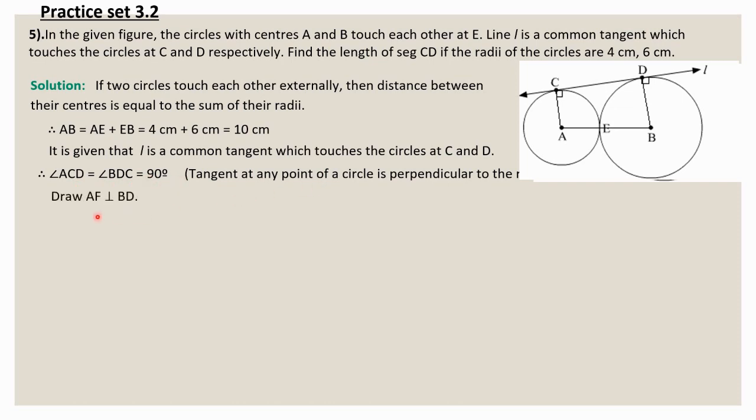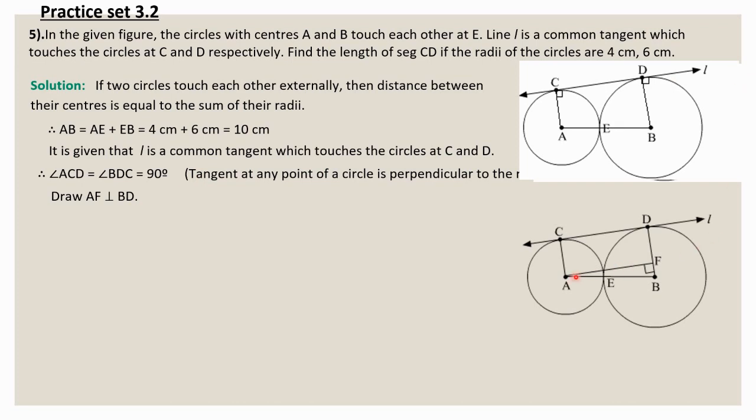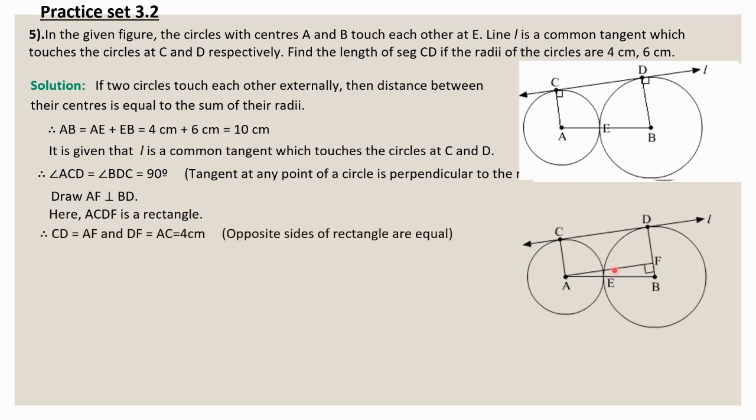Next, we do a construction. We draw AF perpendicular to BD. If you see in the diagram, we have drawn AF perpendicular to BD. Here, in rectangle ACDF, CD will be equal to AF and DF will be equal to AC, as they are the opposite sides of a rectangle, and opposite sides of rectangles are equal.